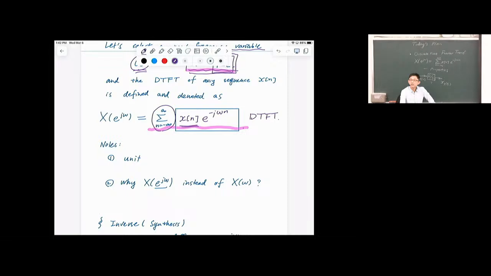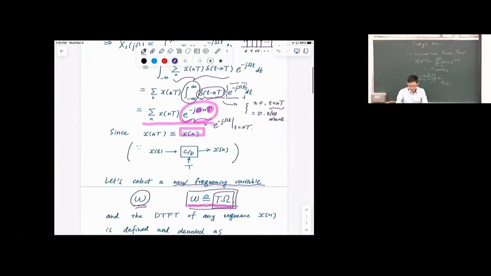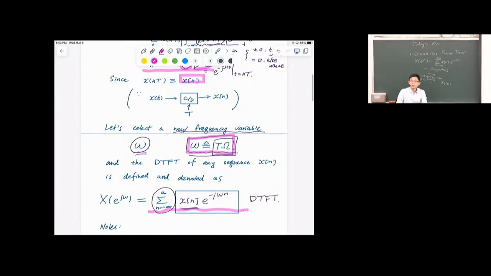What is the unit of small omega, when small omega is defined as this?